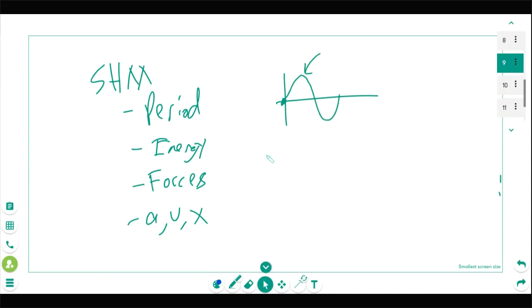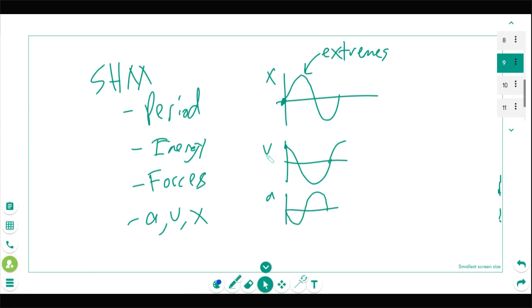This would be the extreme, that's your X. Your velocity graph would start off moving fast at the equilibrium position, down to 0, back up. And then your acceleration will be pretty much the same here. In this case, we're slowing down, so negative, 0, up and 0 again. So that sort of stuff, knowing how your graphs go through.